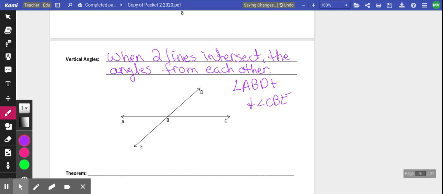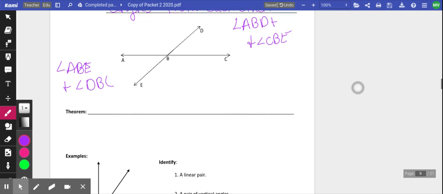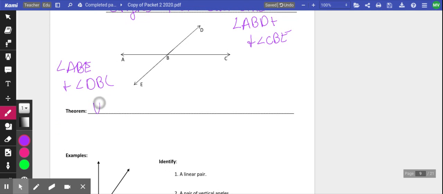We could also say angle ABE and angle DBC. And then this theorem is vertical angles are always congruent.